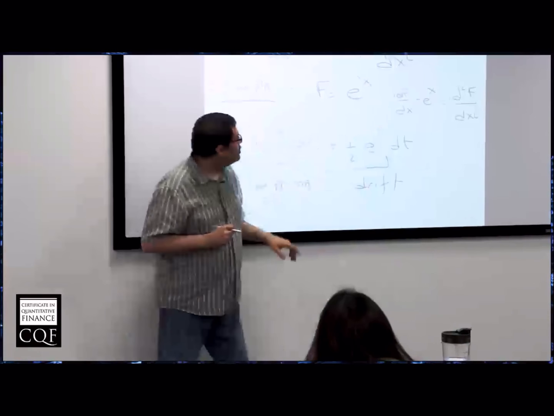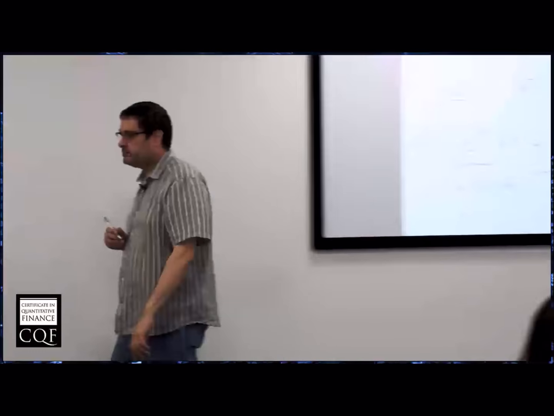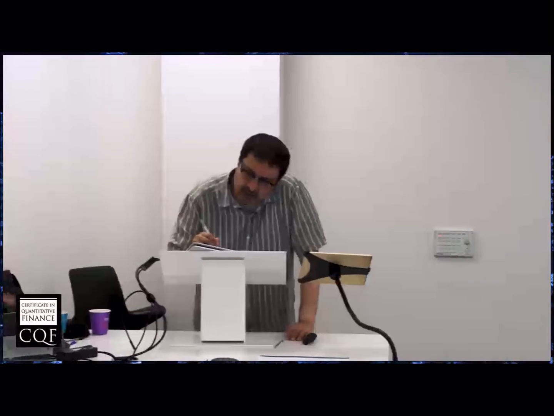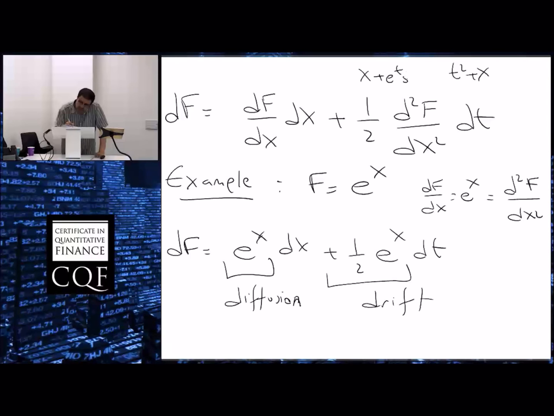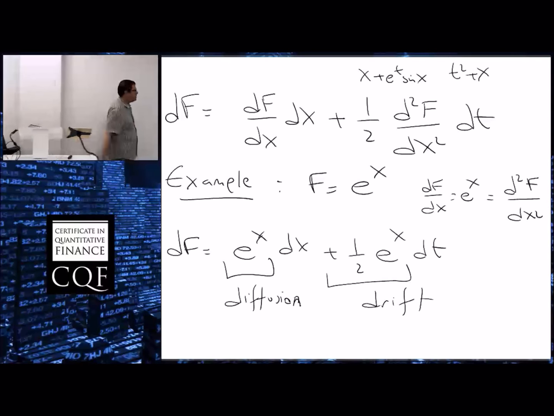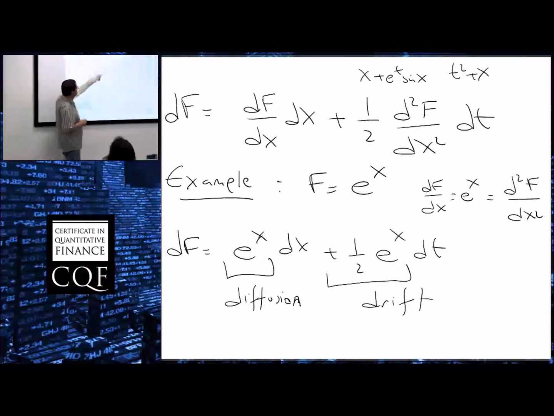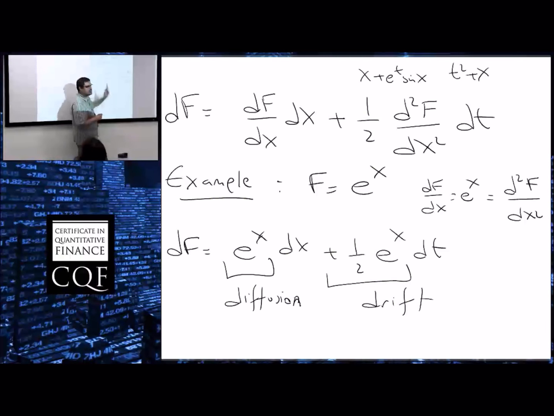However, suppose you have a function like t squared plus x, or x plus e to the t sine x. That's clearly a function of two different variables, isn't it? X and t. So when we come back from the break, let's look at how to extend this particular formula to handle functions like this.